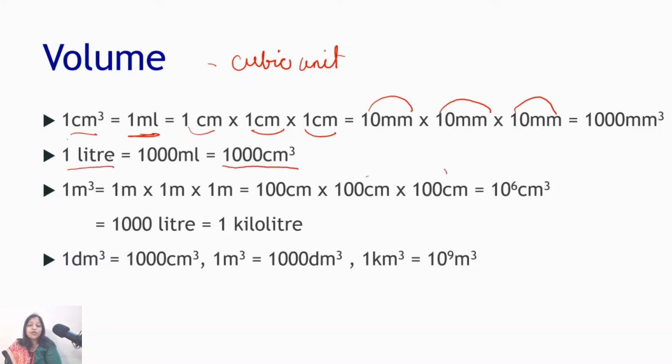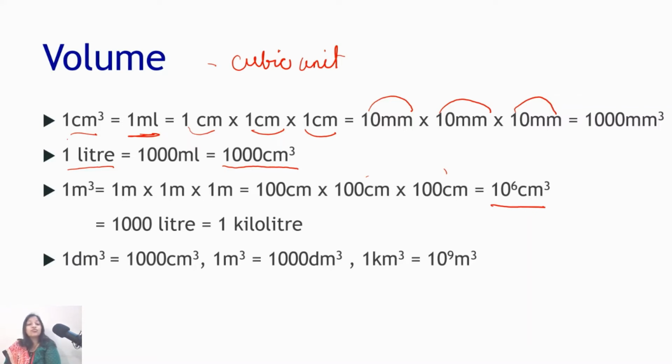Now 1 meter cube is 10 to the power 6 centimeter cube because we are multiplying 100 three times. Now 10 to the power 6 centimeter cube means it is 1000 liters or 1 kiloliter. So in this way, these are very important conversions to solve the questions. Okay, so remember it now. What is the relation between the different units?